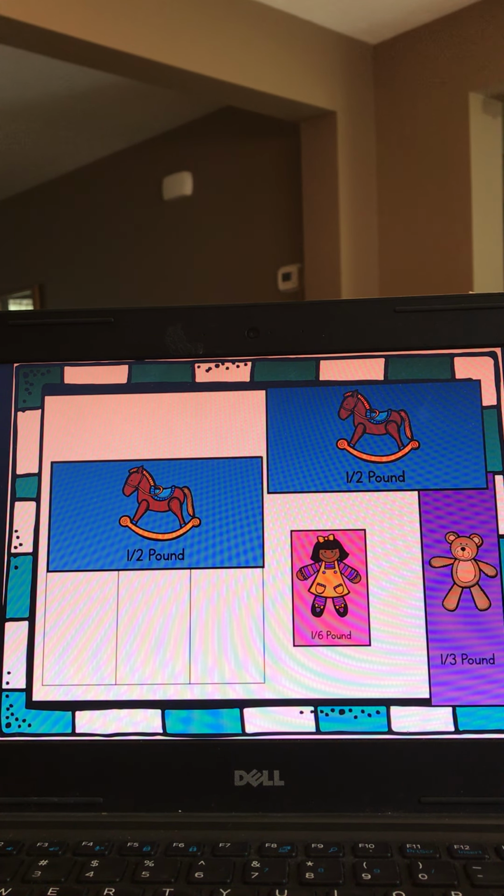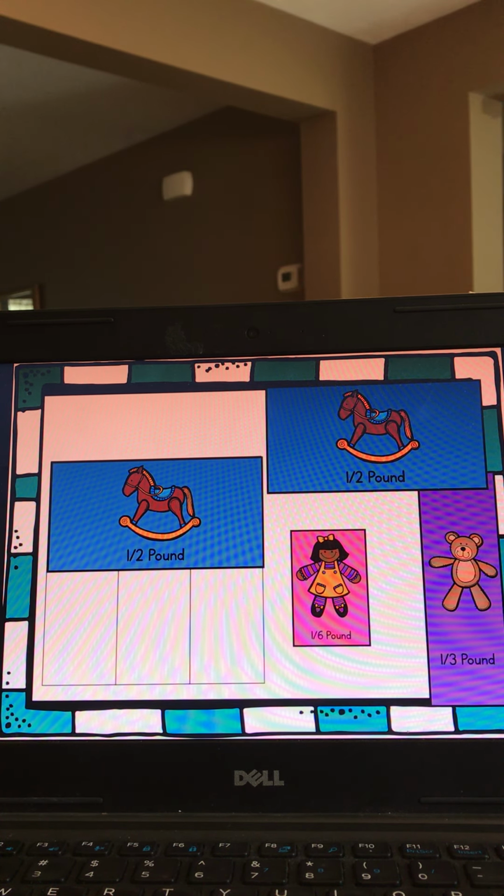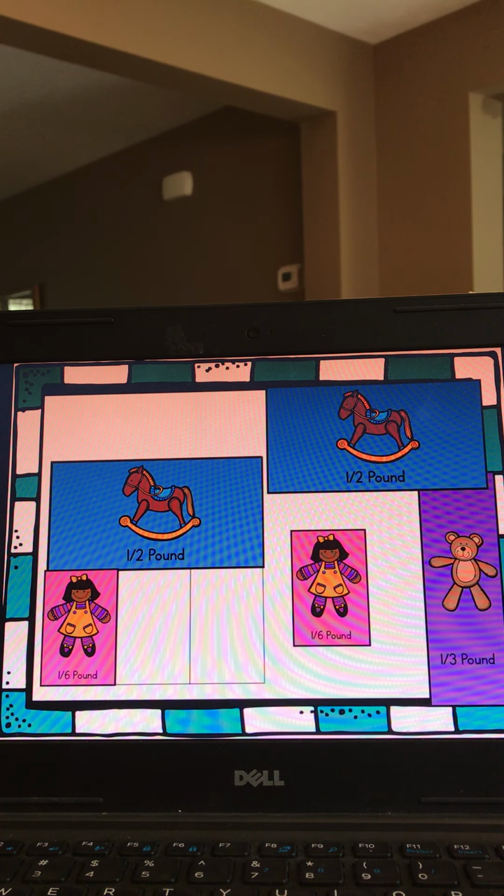I put the rocking horse back in, which covers the 3 blocks. But then I decided I'm going to try the teddy bear. But there's a problem. The teddy bear doesn't work because he covers up 1 part of the rocking horse. So we'll have to see what else we can use. I tried the doll. 1 doll takes up 1/6 of the blocks.